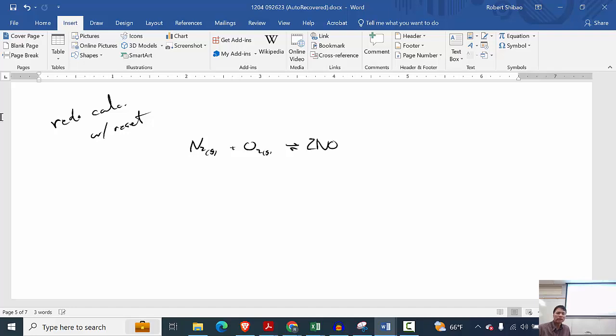It's going to give me 2 NO gas. Since it can go either way, I can approach equilibrium from the left or from the right. It doesn't really matter. If I take my original initial conditions, I had 1 bar of nitrogen, 1 bar of oxygen, and 1 bar of NO. That's under standard conditions.